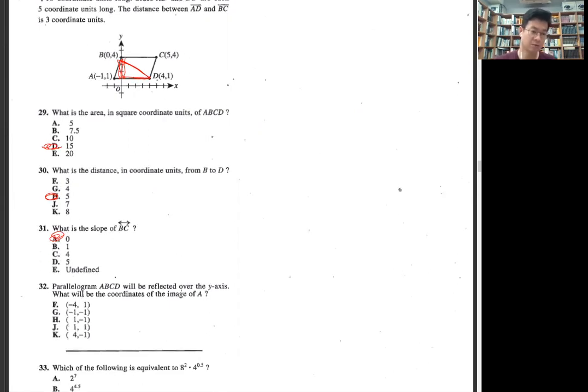Either is fine. Slope of BC. BC's slope is 0. Horizontal line, slope is 0. Undefined is for a vertical line. We're looking at ABCD reflected over the y-axis. So A is switching from this to here. Right. Which means 1, 1.